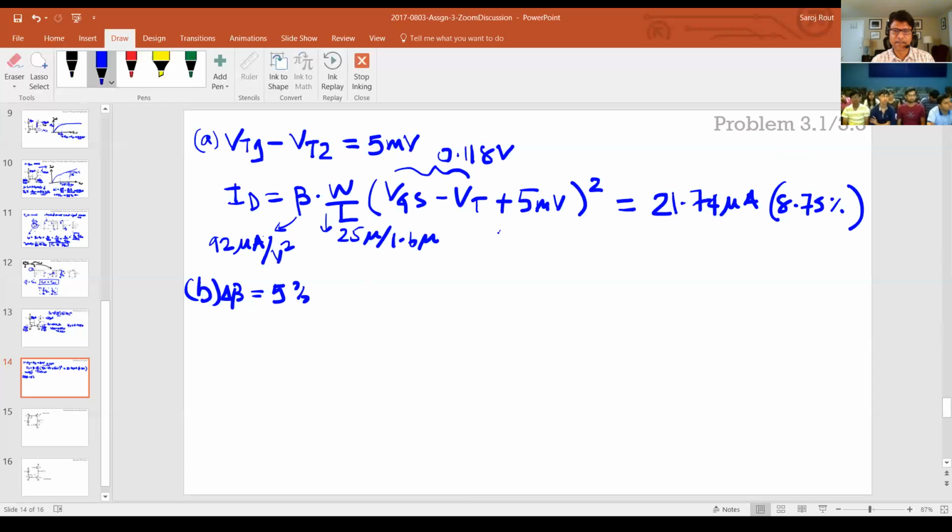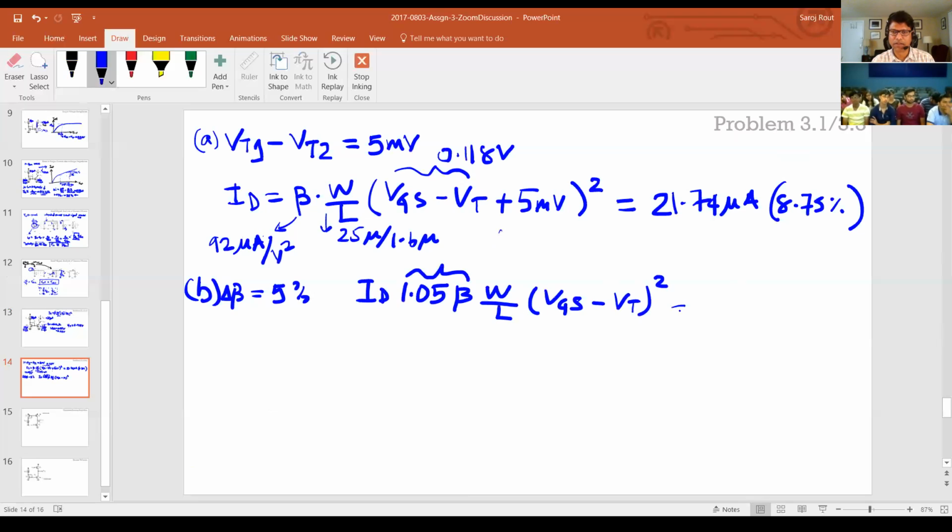So again, if I take this equation over here, so ID, I can write it as, now instead of beta, I'm going to write it as 1.05, right? So let's say it's 5% more times beta, right? So that's your mismatch, W over L times VGS minus VT squared.